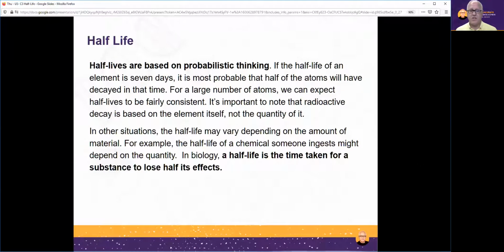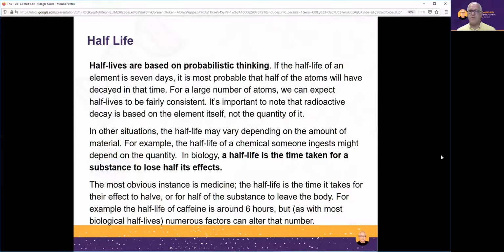In other situations, half-life may vary depending upon the amount of material. This is outside the scope of the elements, but for example, the half-life of a chemical someone ingests might depend upon the quantity. In biology, a half-time is the time taken for a substance to lose half its effects.